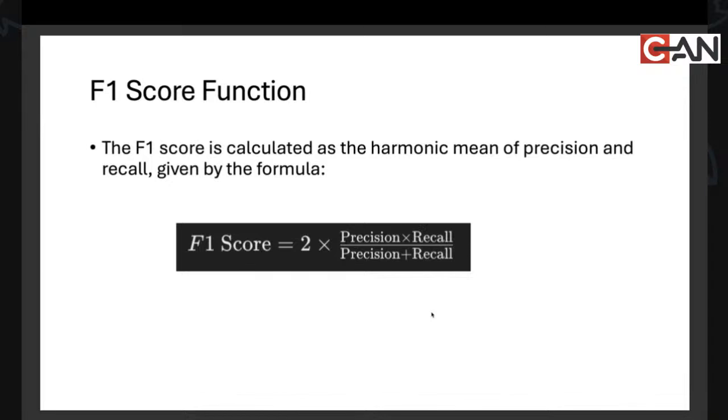But F1 will be 0. In our situation where, remember, we drew out all these instances and we said 99 cases of no fraud, 1 case of fraud, 99.9%, and we predicted 0 for everything, your precision is 0, your recall is 0, so your F1 score is 0, but your accuracy is 99.9%.